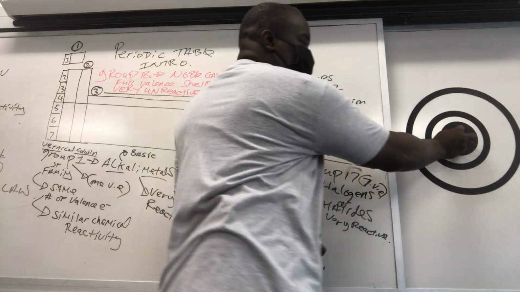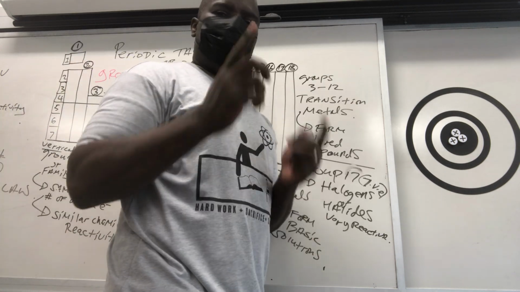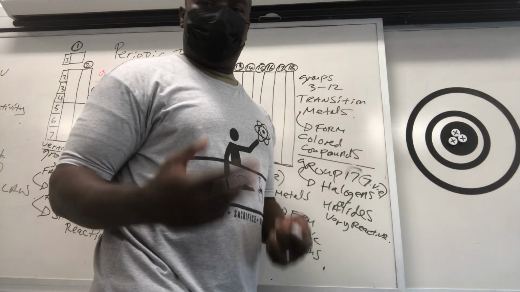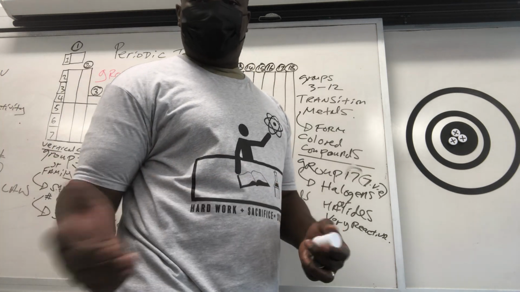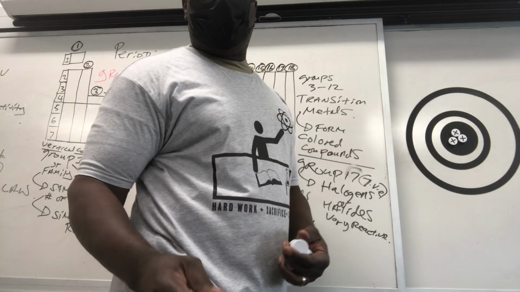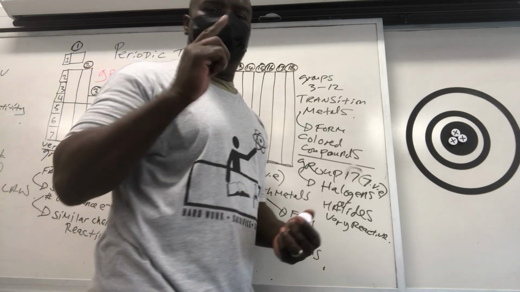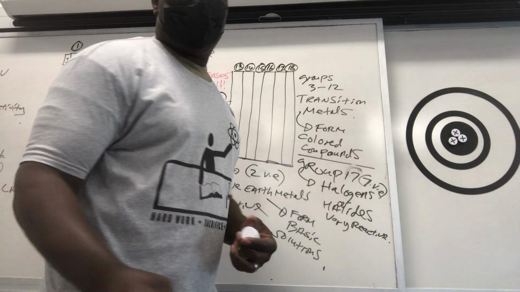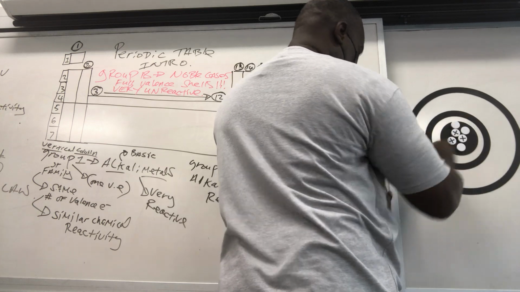Remember, this is not to scale. Now, the mass number of lithium is around 7. So if there are 3 protons, it must have 4 neutrons. 3 plus 4 is 7. Remember, protons and neutrons give the mass of the atom.